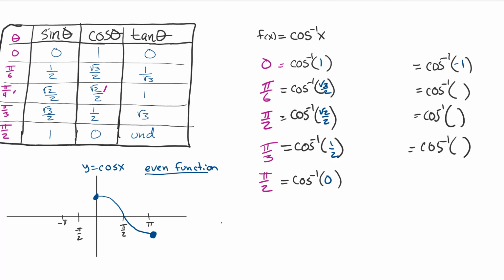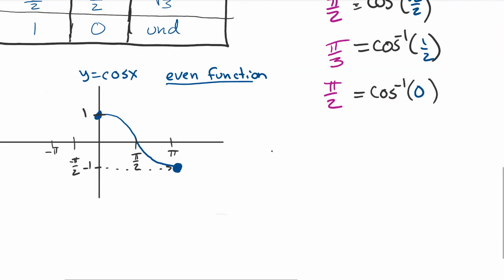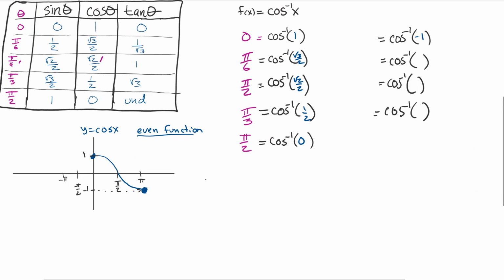Cosine inverse of -1. It's popping out the x value. Remember, we're swapping our inputs with our outputs. That's equal to pi. That angle is pi. It does not behave like the rest.